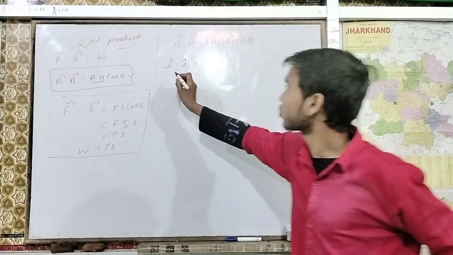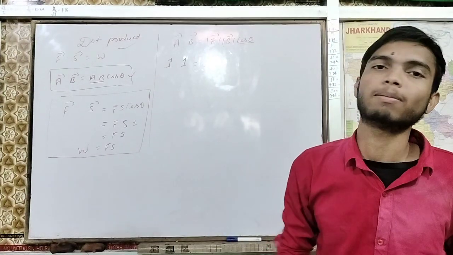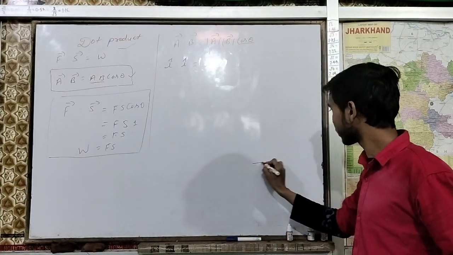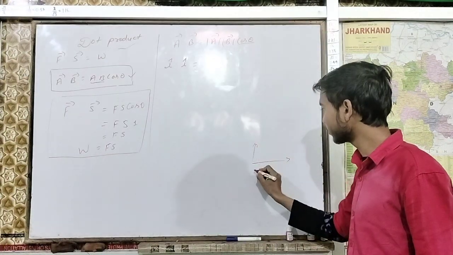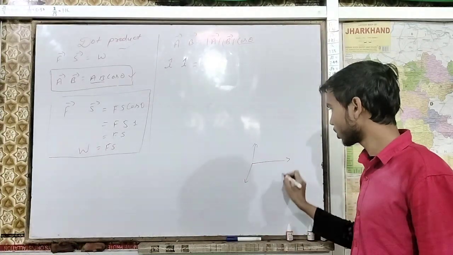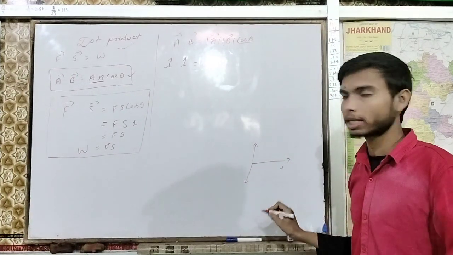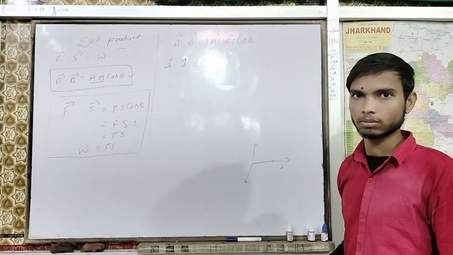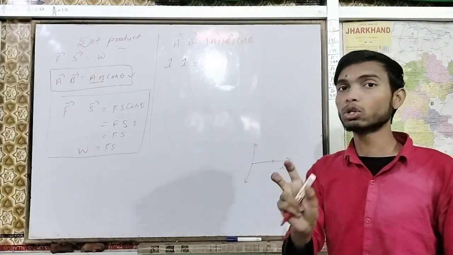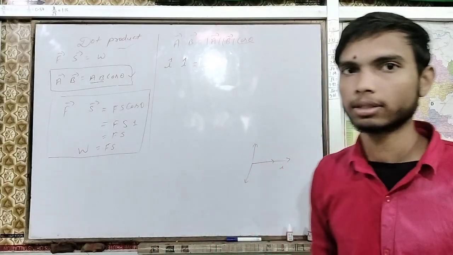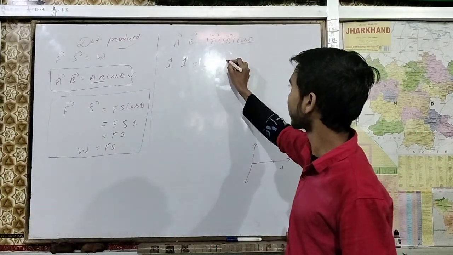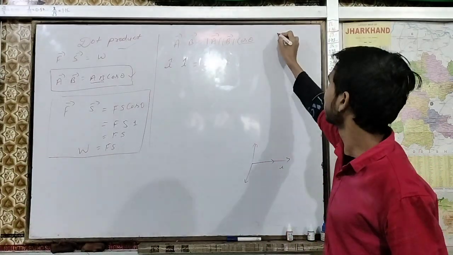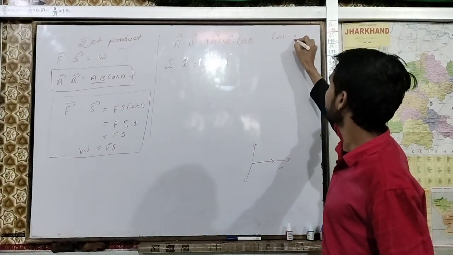From these components you will be able to find your angle. Here this is i cap, this is j cap, and this is k cap. So we have two i caps, so of course 1 and then again 1, and it is giving you a 0 degree angle. So finally cos 0 degree is 1.